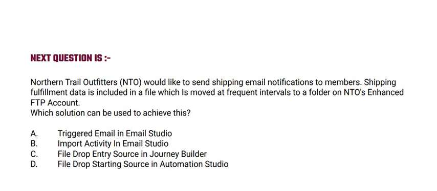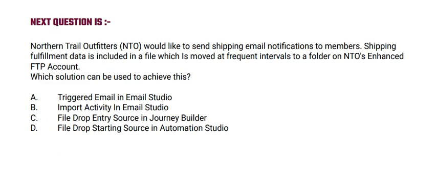Next question is, Northern Trail Outfitters NTO would like to send shipping email notifications to members. Shipping fulfillment data is included in a file which is moved at frequent intervals to a folder on NTO's enhanced FTP account. Which solution can be used to achieve this?